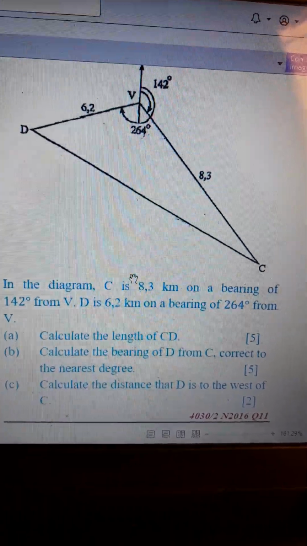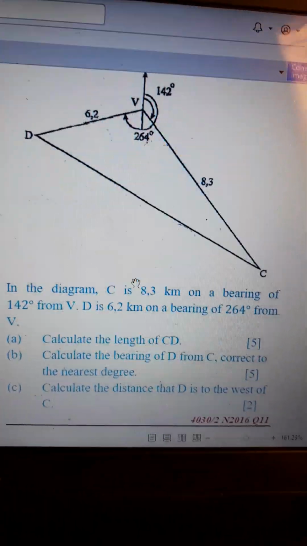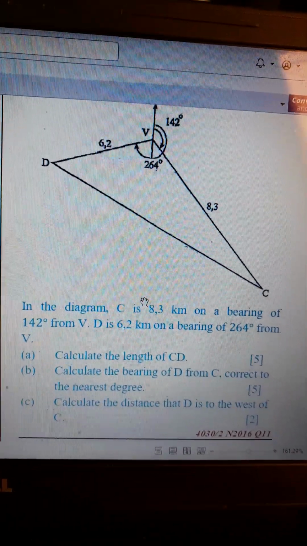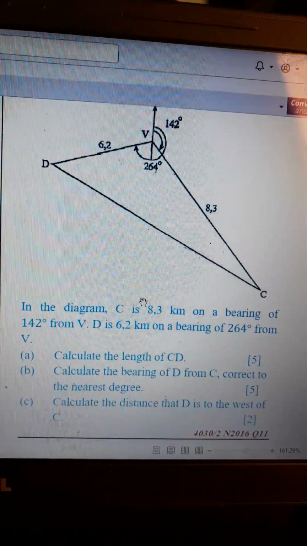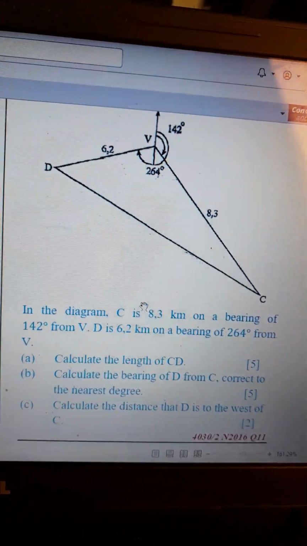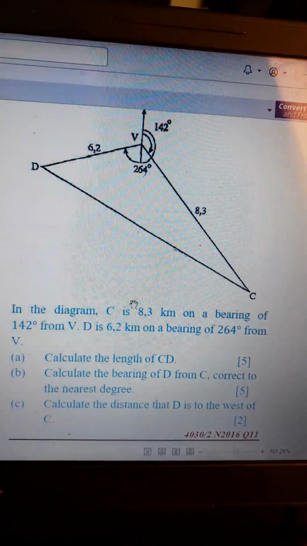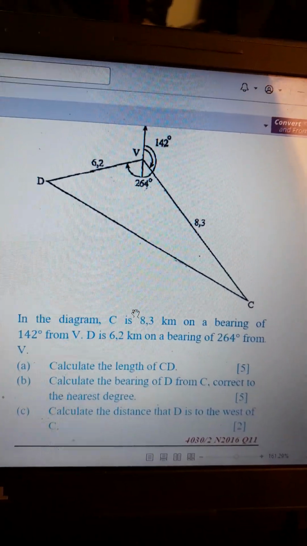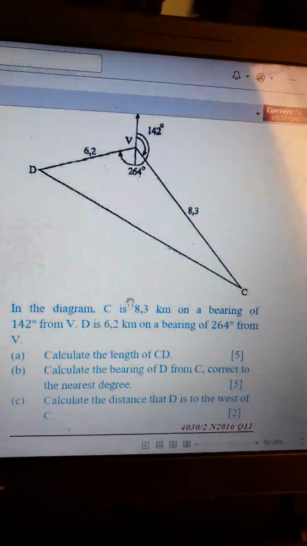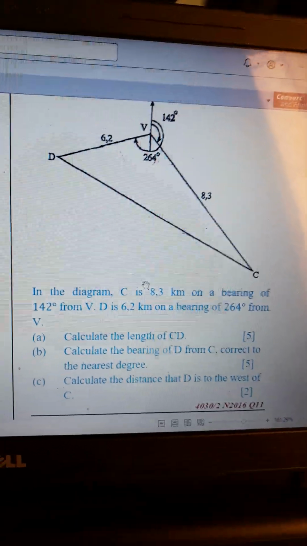Yeah, so I just want to look at this question. This is a trigonometric question for O level. It is a bit challenging to the majority of students, but today we want to make it very, very simple.